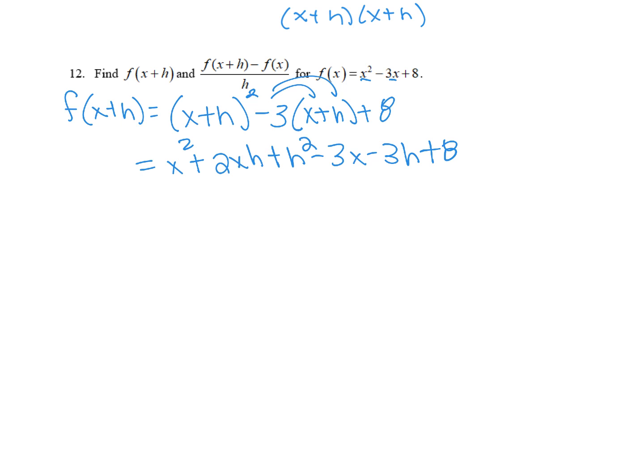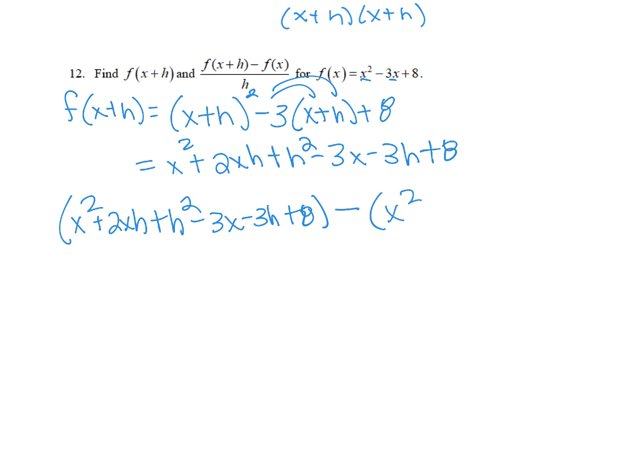And so now to find my difference quotient, I need to do f of x plus h. So that's x squared plus 2xh plus h squared minus 3x minus 3h plus 8, minus f of x, so that's x squared minus 3x plus 8, all divided by h.